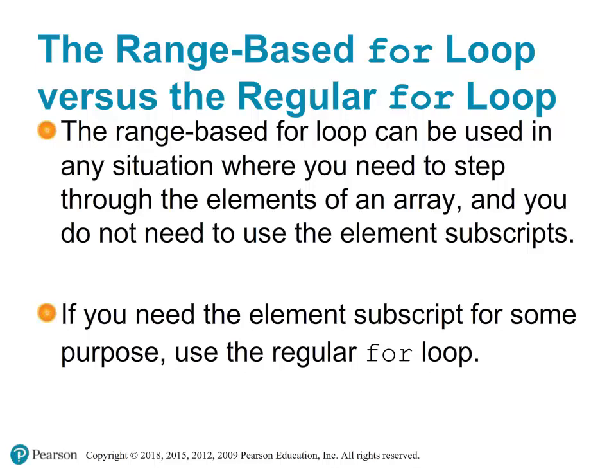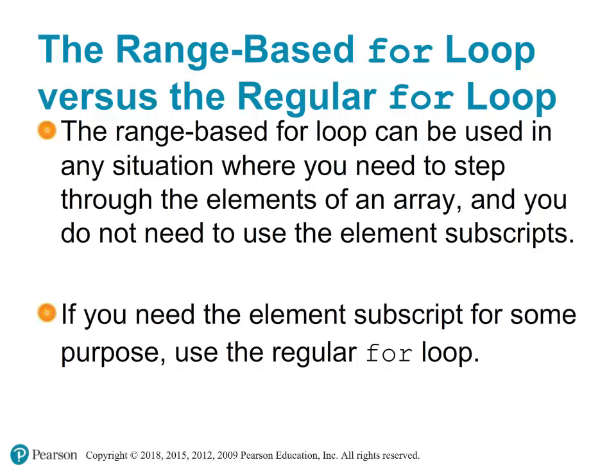Range-based for loop is ideal when you simply want to step through the elements of an array without needing to know or manipulate the element subscripts. It is cleaner, less verbose, and minimizes the chance of off-by-one errors.